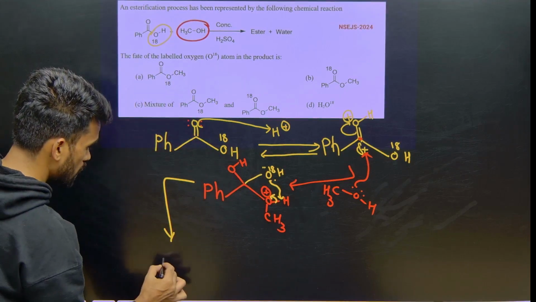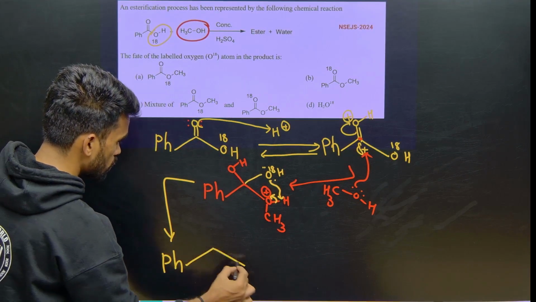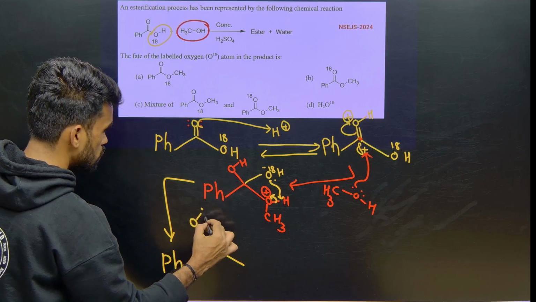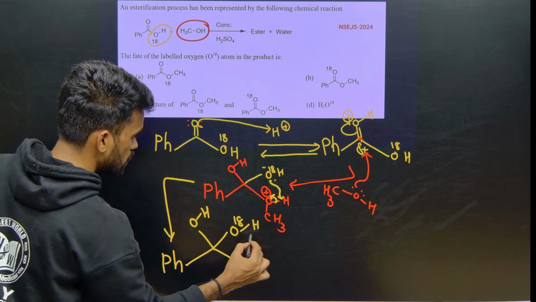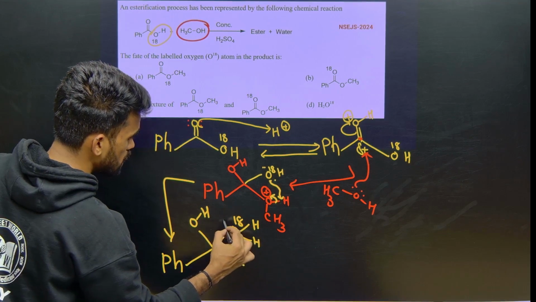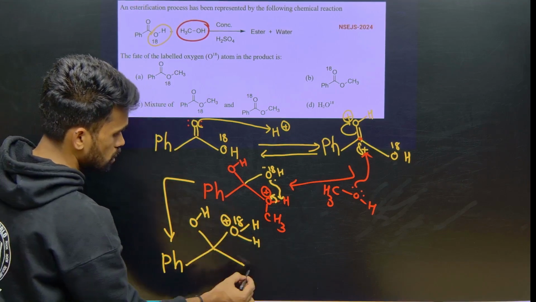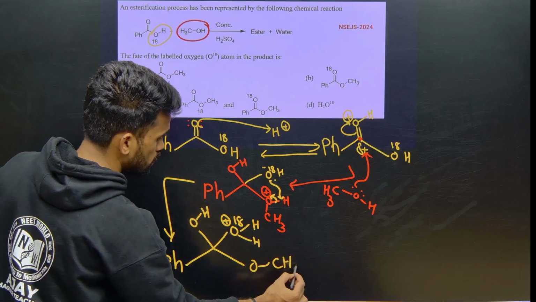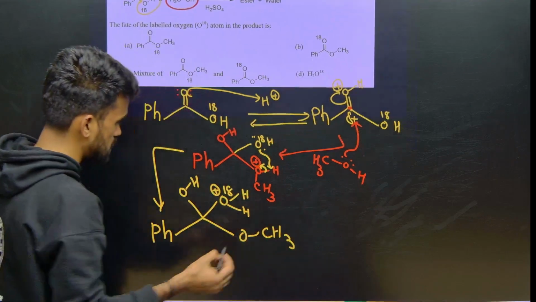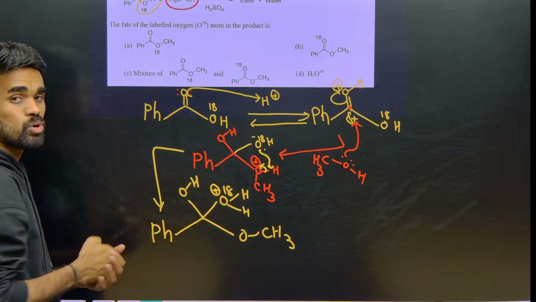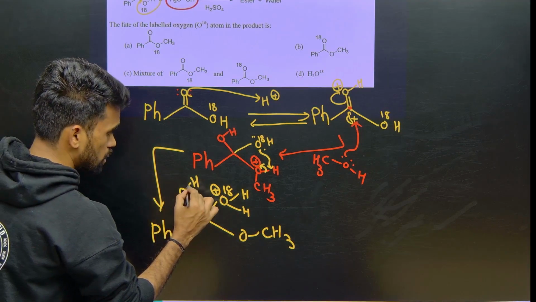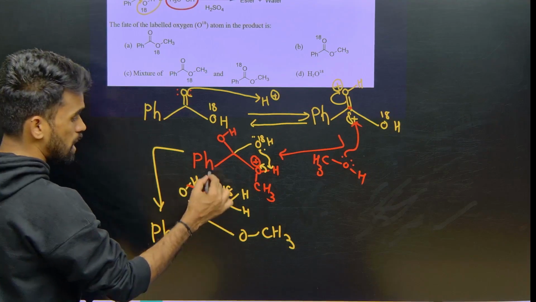So we are going to get Ph, OH, with one hydrogen here and another hydrogen here. So this oxygen becomes positively charged, and we get OCH3. Next, what is the next step? See here, the first oxygen is protonated, so it gives back the proton.